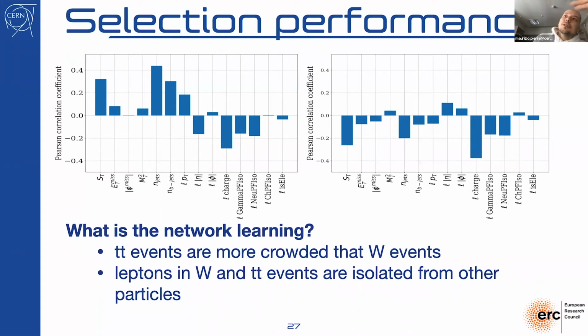While the one on the right, which is the W classifier, is anti-correlated with it, like the number of jets. This is because when you have a lepton, if the lepton is alone in the event, most likely you have a W. If there are a lot of jets, most likely it's TT bar, where one of the tops gave you a W. And this kind of behavior is understood by the network that is exploiting it.